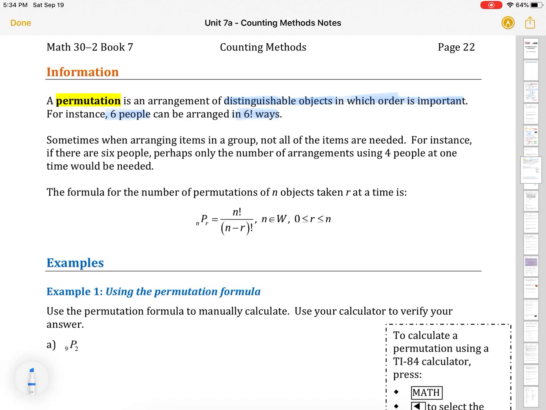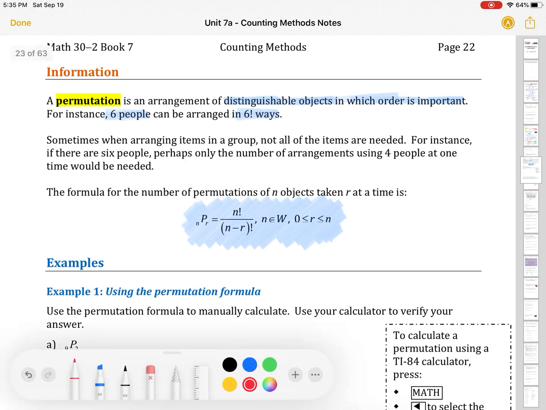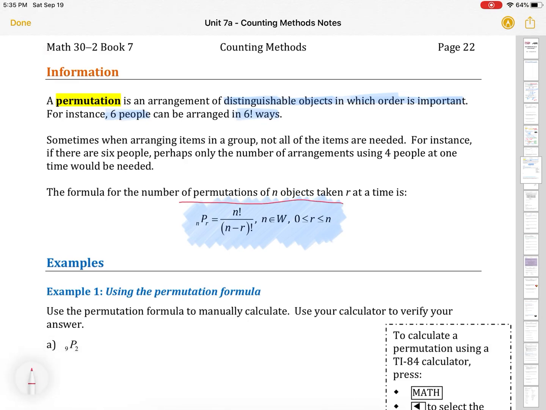What is the number of permutations of 4 people that we can have on the court? Permutations take into consideration that we have 6 people, but we're only picking 4 of them at a time. And we use this formula that we've been playing around with. It's the number of n objects taken r at a time.